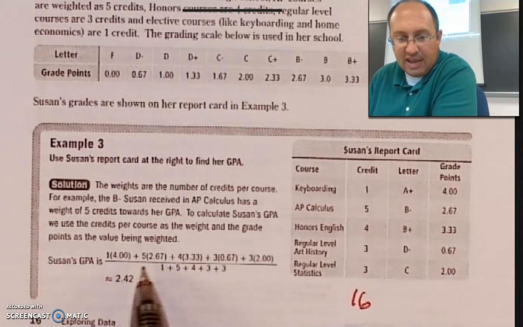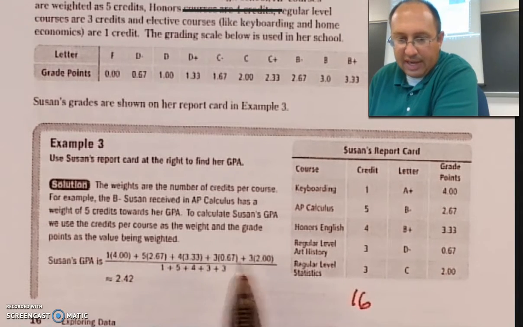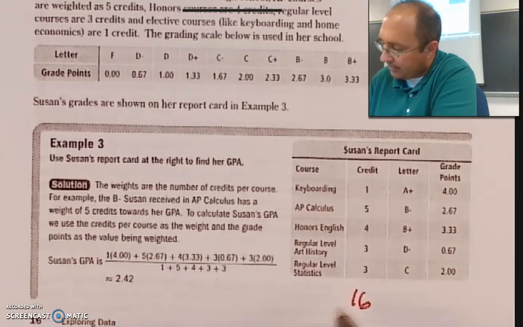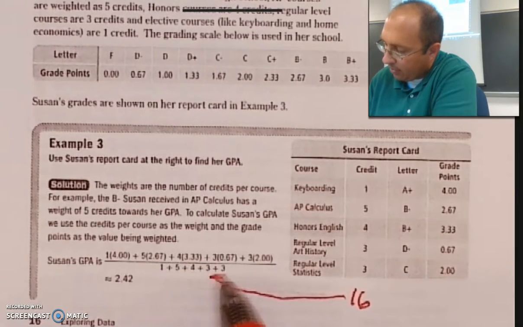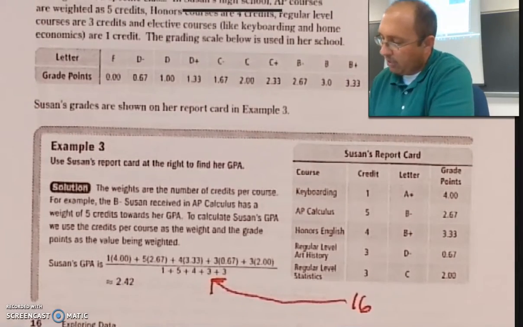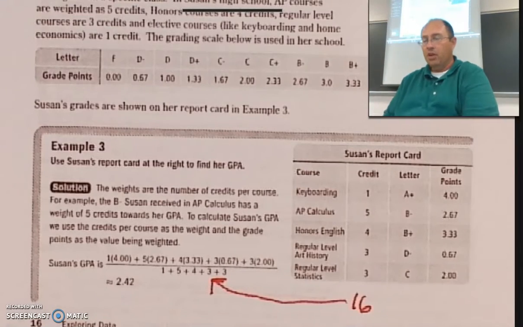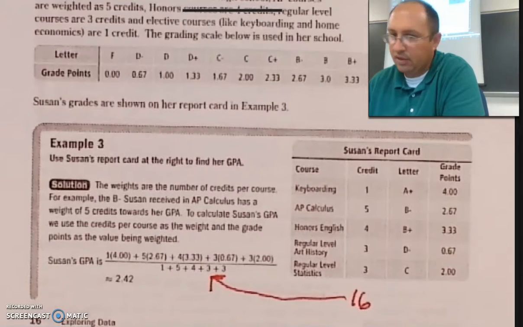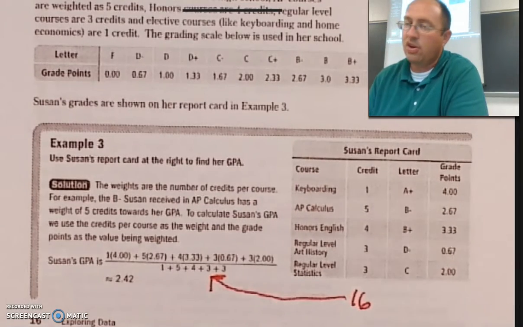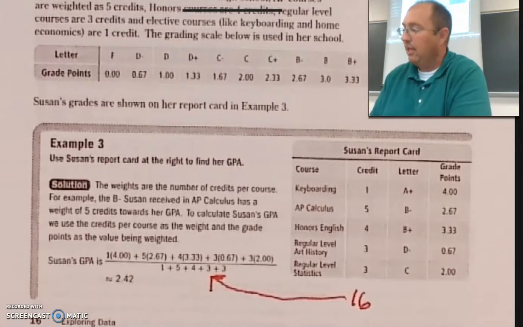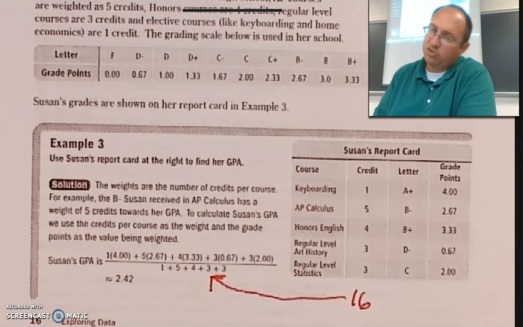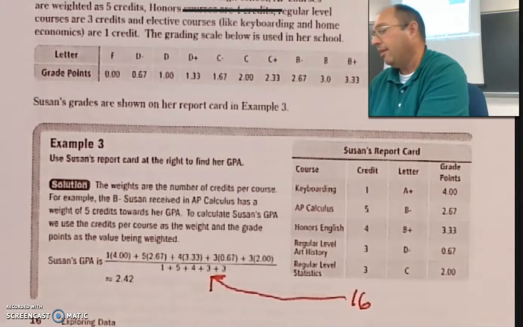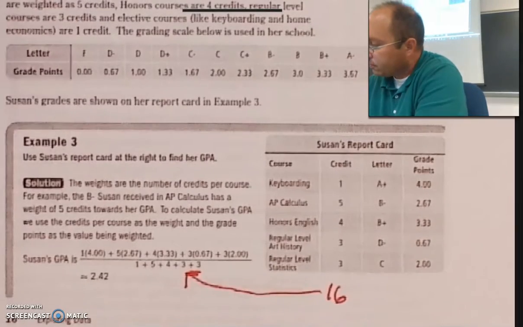And you can see that they multiplied those things out and added them together, but there's that 16 coming into play in that denominator, so that she had a GPA of 2.42. You cannot simply go through and add these numbers and divide by 5. That is not going to work here because they are not worth the same amount. If they were worth the same amount, then that little strategy would work, but it's not going to.